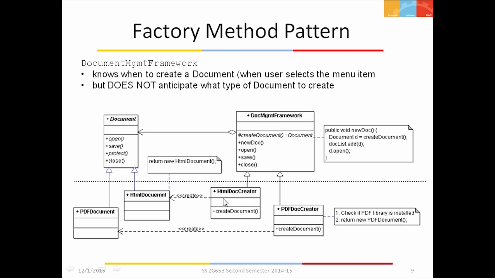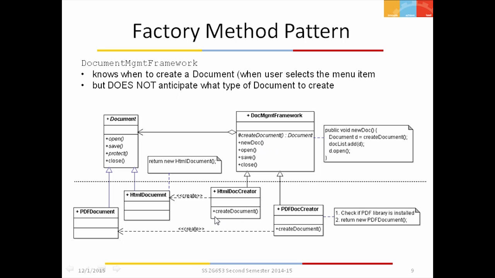Now look at the class on the right, HTML doc creator. This is also a concrete class, and it has inherited the method create document. In fact, it's a subclass of the document management framework class. It's a concrete class, and it has implemented the create document method, which was abstract here.